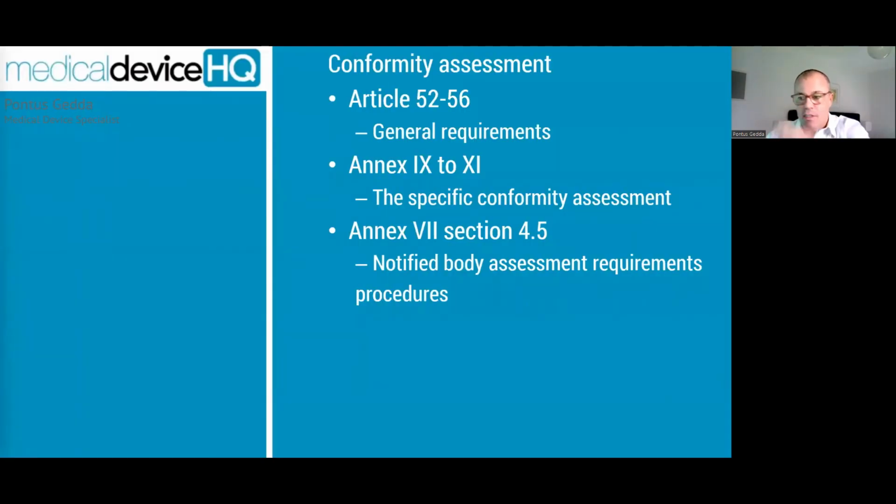And the MDR requirements for the notified body conformity assessment are a bit spread out in the MDR, and the basis is found in Article 52 with reference to the 3 different conformity assessment procedures in Annex 9, 10, and 11. And then how the conformity assessment is actually done is best described in Annex 7, Section 4.5, as I mentioned earlier.